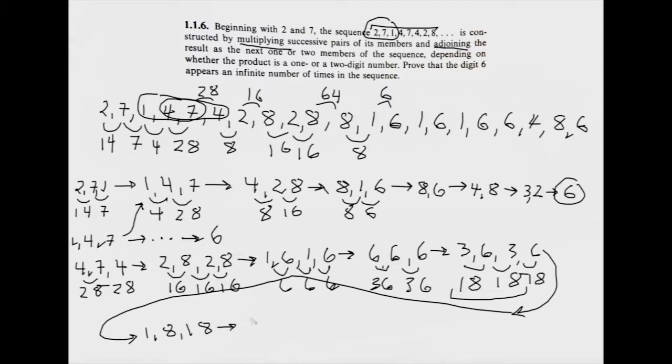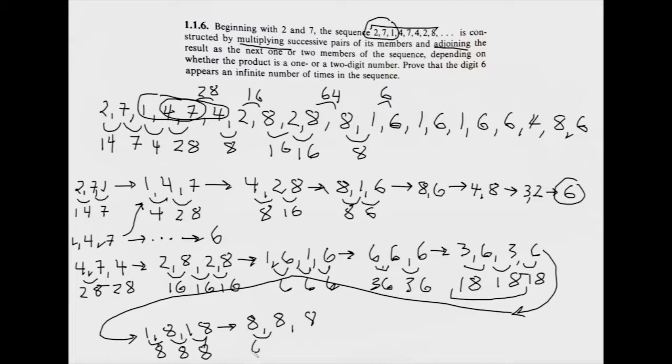Now, an important thing to realize here is that the numbers 4, 7, 4, at some point in this long sequence of numbers, you're going to be generating these sets of digits, correct? I hope that makes sense to everybody. Now, we get 8, 8, 8 here. So 8, 8, 8.